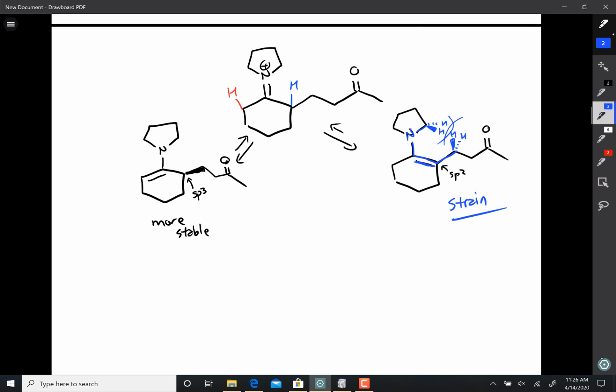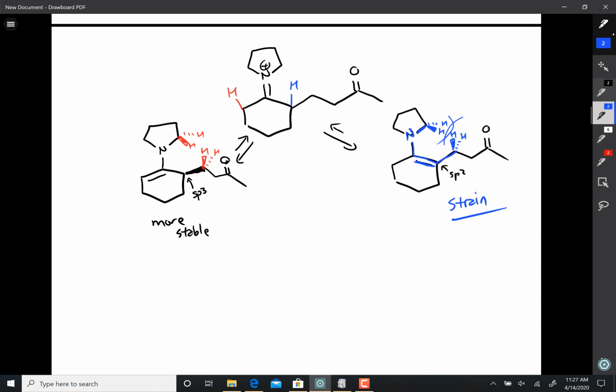As opposed to here, these atoms are not in the same plane. And since they're not in the same plane, the hydrogens aren't in the same plane either, and as a result, there's more space for them, and you don't get the steric clashes, as opposed to here, where they are all in the same plane.